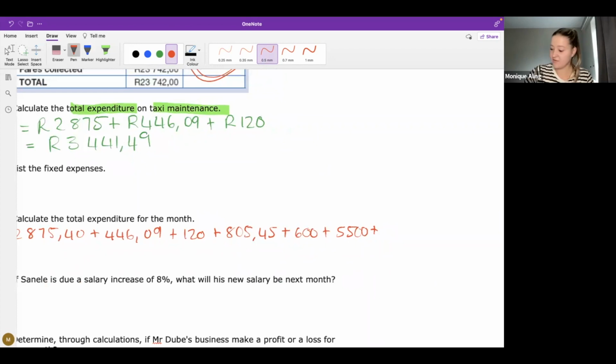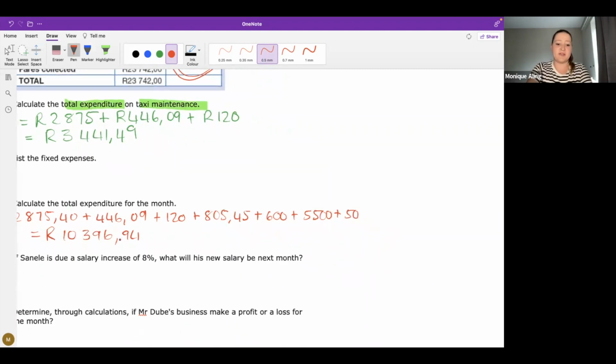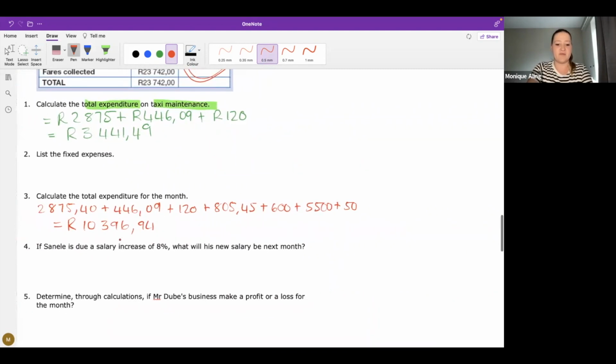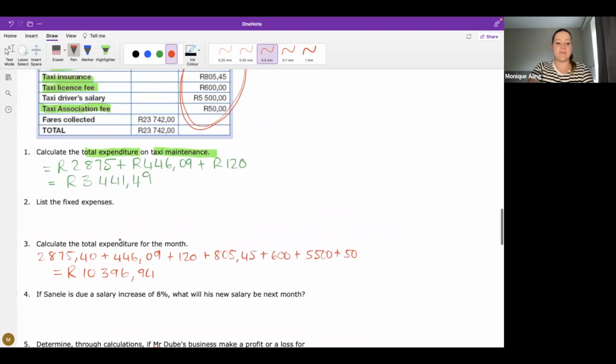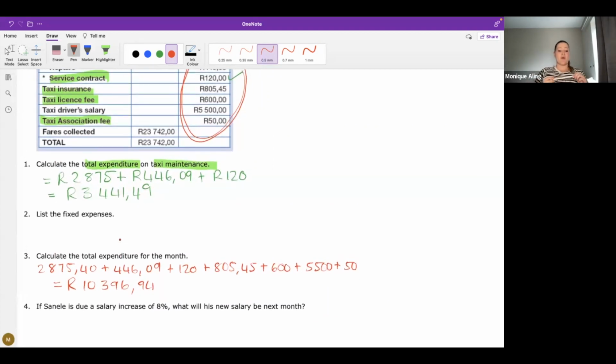Plus the last amount of 50. And you get an answer of 10,396.94. Okay, so a question like that would probably be 2 marks, 1 for your working out, 1 for your answer. Okay, then looking at question 4.